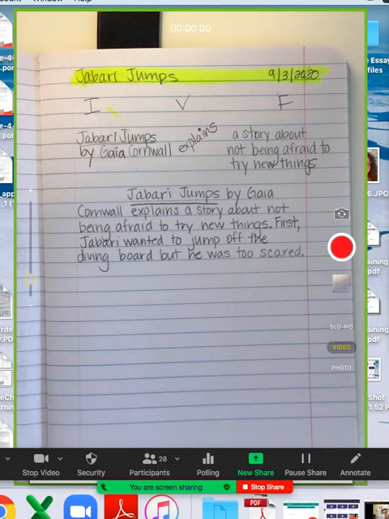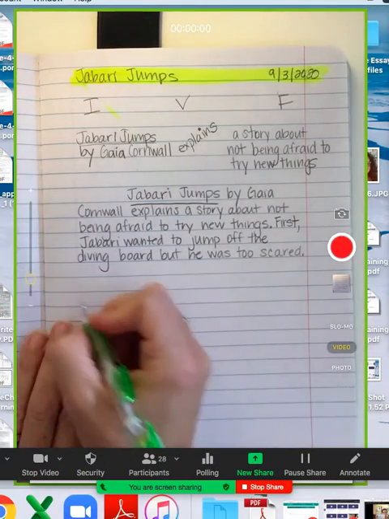All right. Kaya, can you give us the next sentence for our summary paragraph? The first event that happened in the story was Jabari was watching the other kids jump off the diving board. I love it.